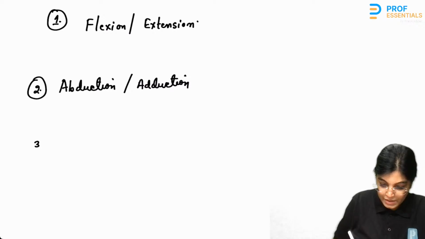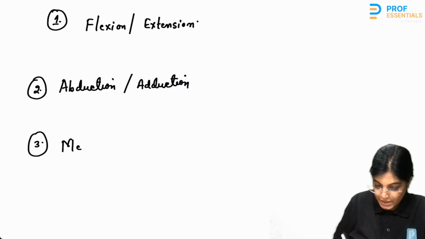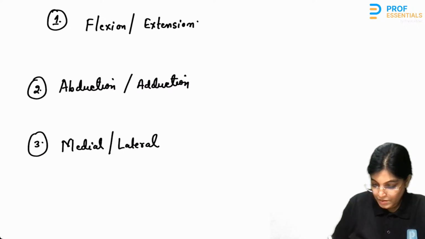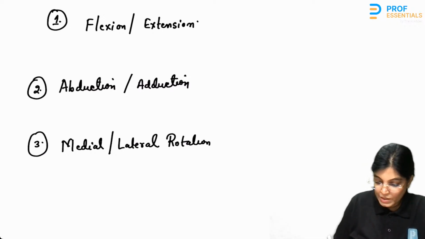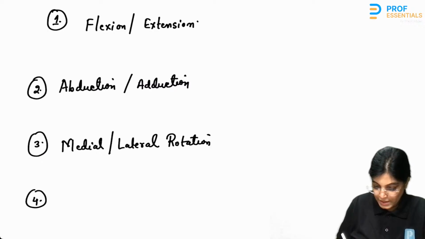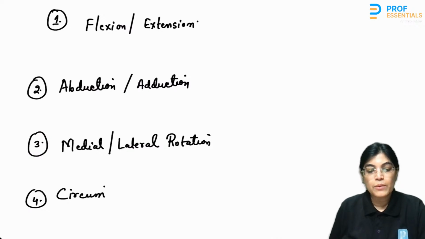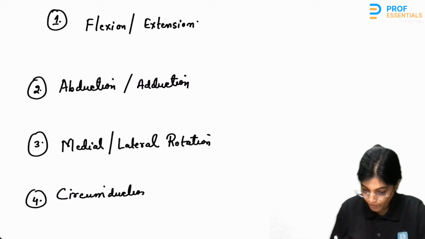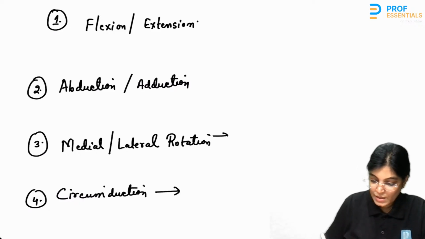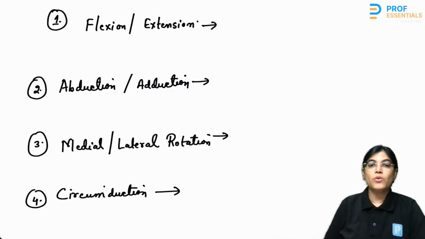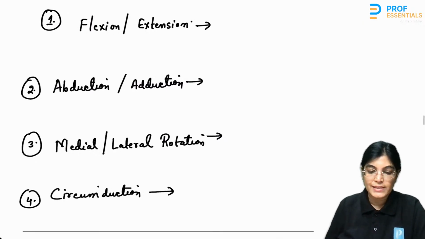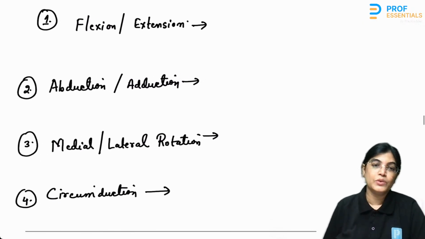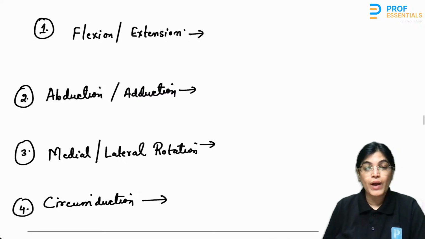The third is medial and lateral rotation, and the fourth is the combination movement, that is circumduction movement. Just understand in which plane each movement happens and around which axis, which is important for you to know, because this is asked again in the viva examination.